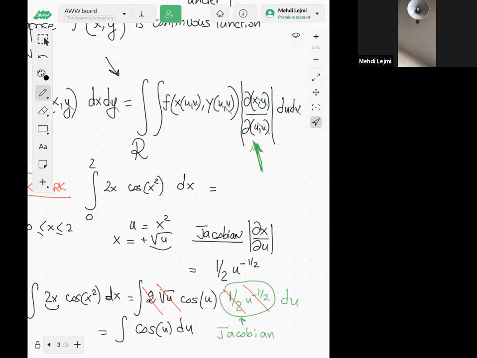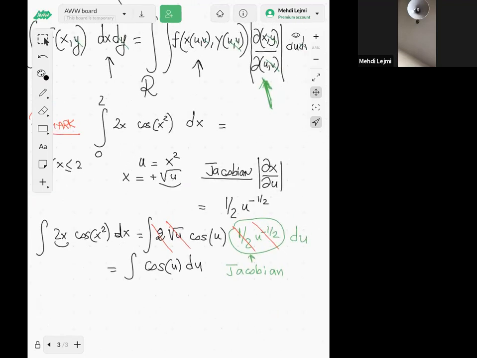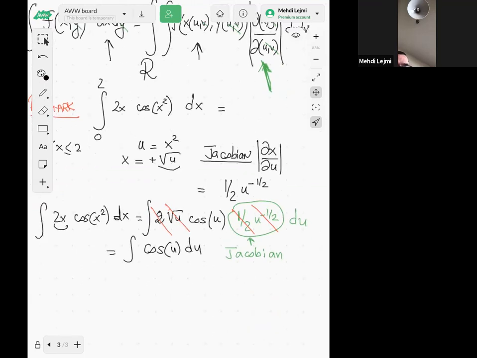So you see, my formula in two variables, the double integral, if you want to apply the same formula for single variable, you can just forget about the u and v, and you get exactly the substitution like for single variables, right? So this is exactly when you do this substitution, u equals x squared. You get the same answer, right? That's exactly my substitution.